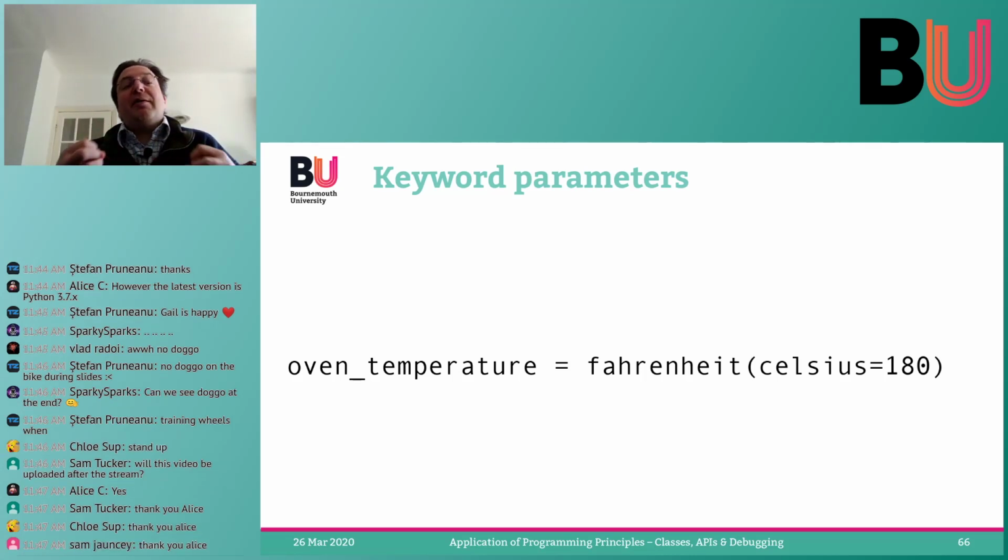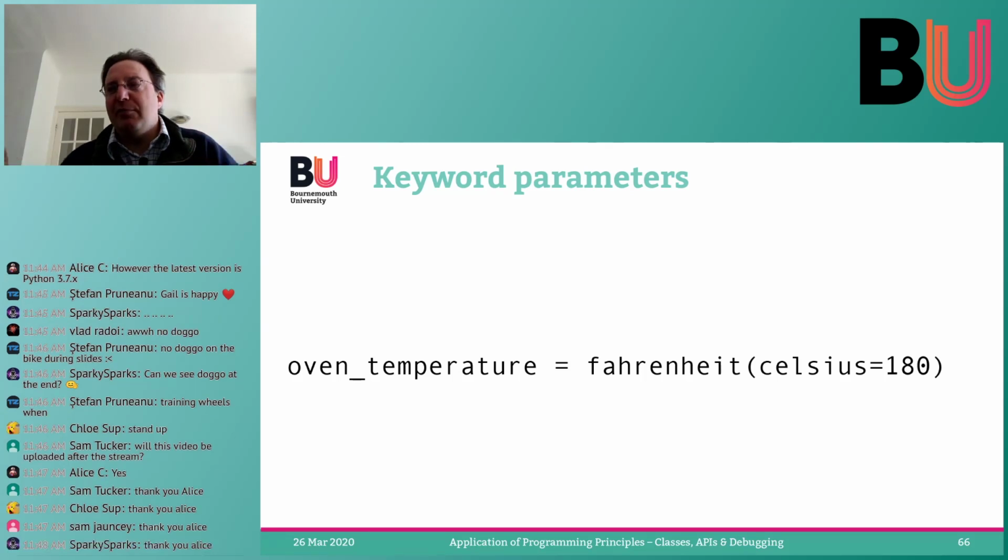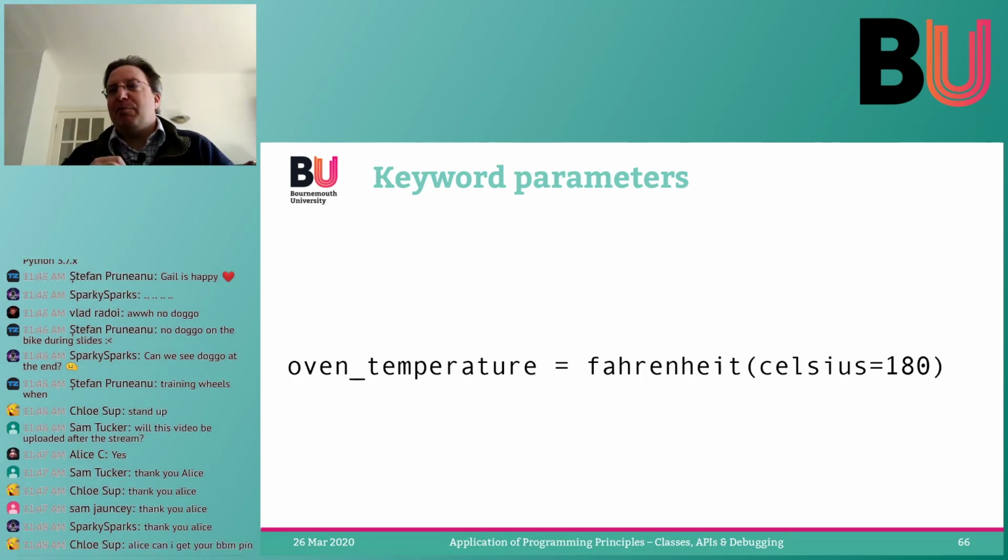This is particularly important if you have functions that take a number of parameters. It also really helps if you have default parameters where some of them don't actually need to be passed at all. In that case, you can just give the parameters that don't need to be default. But if you're passing four booleans into a function, true, true, false, true as a parameter set is not very meaningful. It's not very clear what it means. But at that point, providing the name for your parameter makes it much easier.